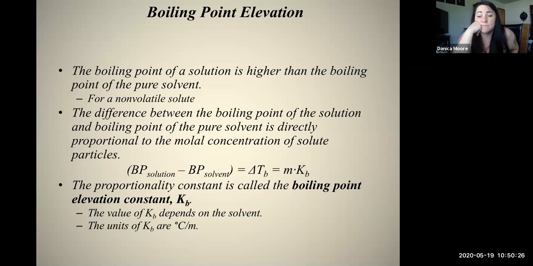What do you think? What do you figure the molality of your pasta water is when you're making pasta? Give it a guess. I'm gonna make you guys guess.